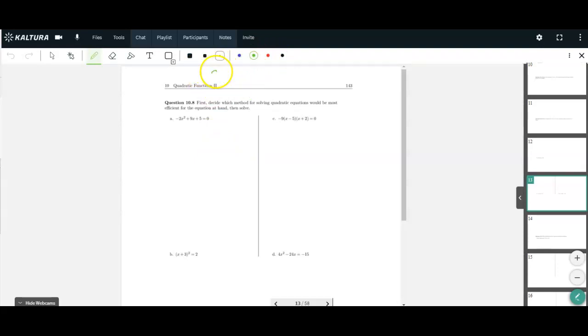All right, so we said we can solve quadratics by factoring them. All right, so we talked about that. And then we also talked about being able to use that square root property.